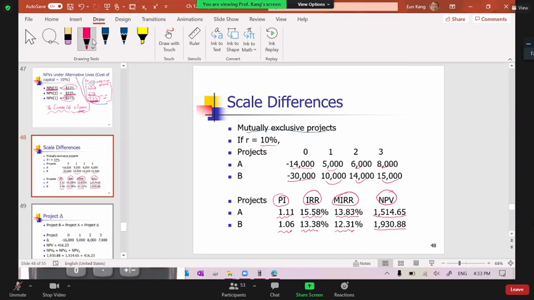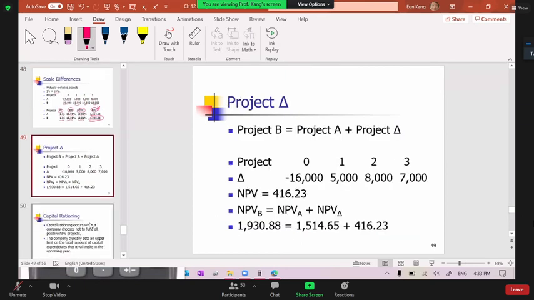Wrong answer. I told you that NPV is the best. NPV of B is bigger than that of A. Why? Think about project delta. Project B already includes project A, right? It's the bigger size, and you add some project delta.